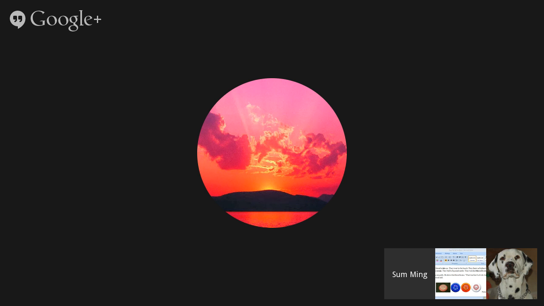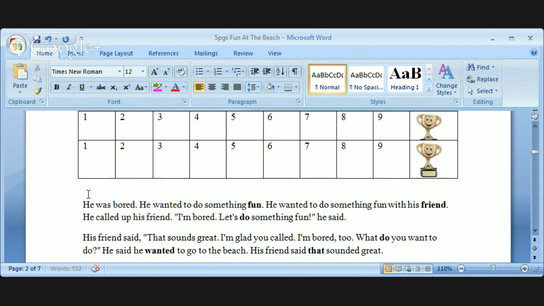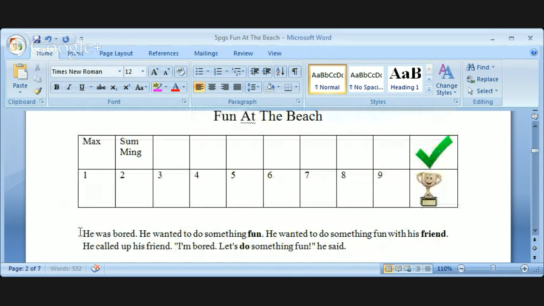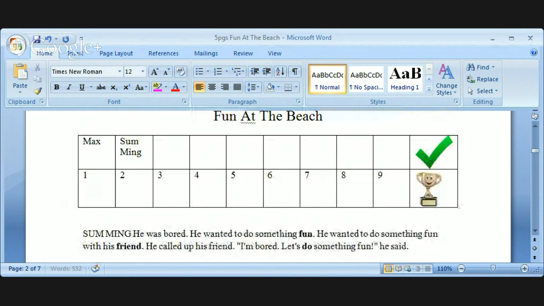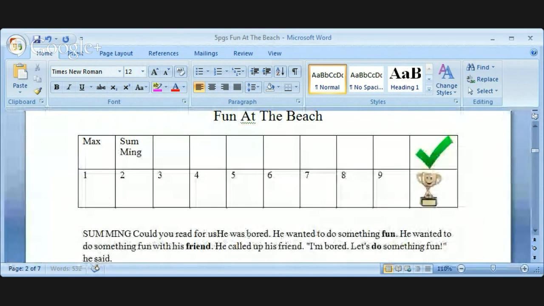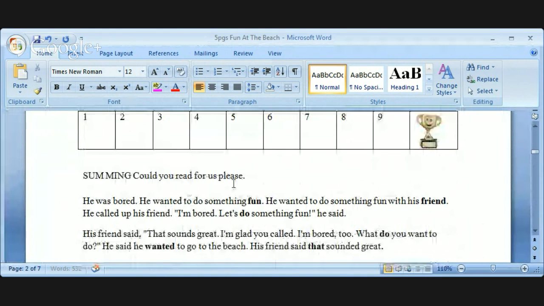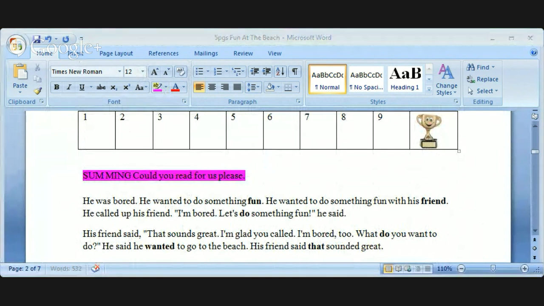Sum Ming, could you read for us, please? Sum Ming, could you read for us? Sum Ming, could you read for us, please? Okay. Maybe Sum Ming is not here.